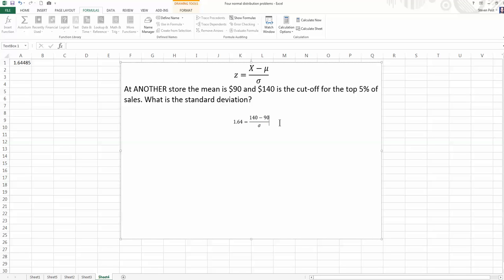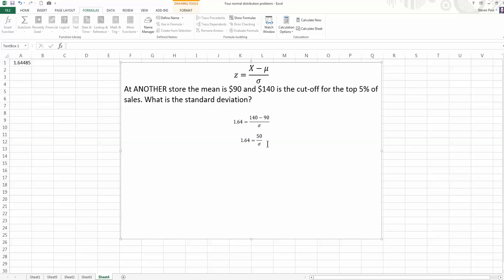And now this time it's the standard deviation we don't know. Well, when we do the subtraction, that becomes 1.64 equals 50 over the standard deviation.